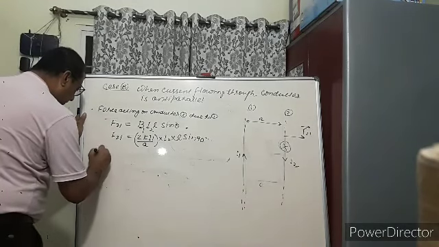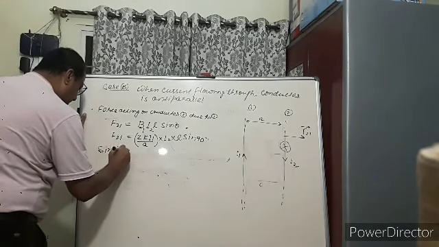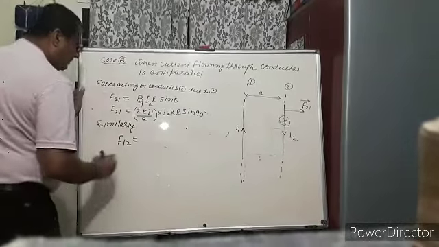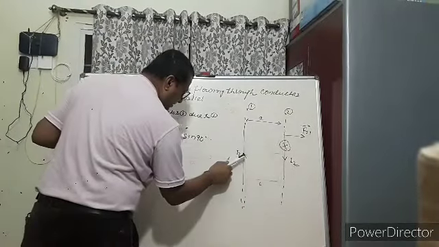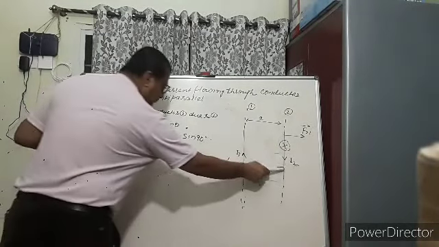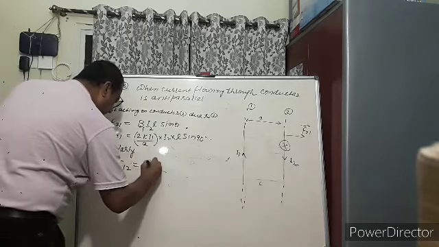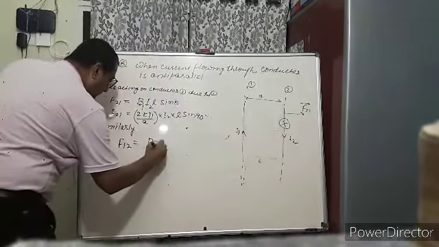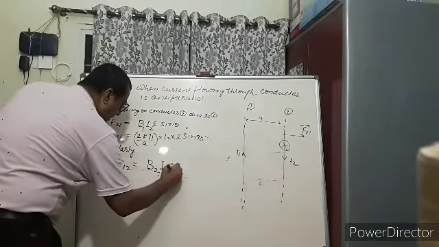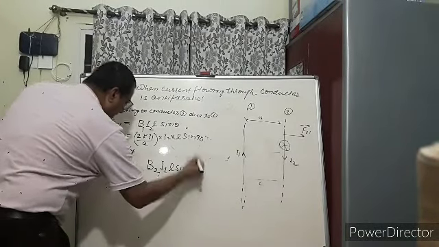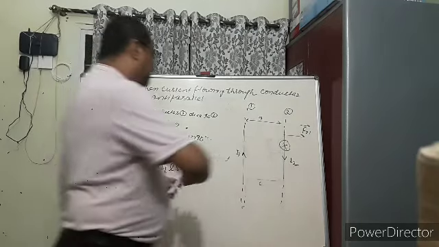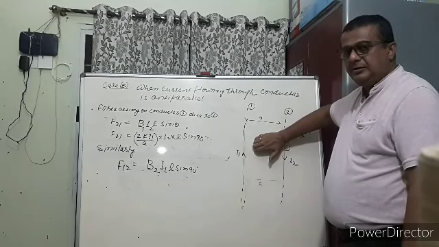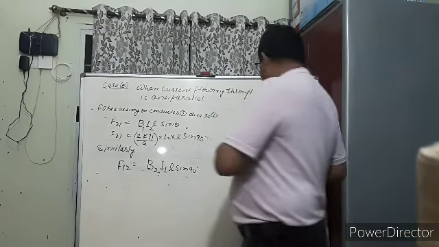Similarly, F12, the force acting on 1 due to 2, is equal to B produced by conductor 2, force acting on 1, L sin 90. Here the thumb is acting downward, and the magnetic field is acting inward.